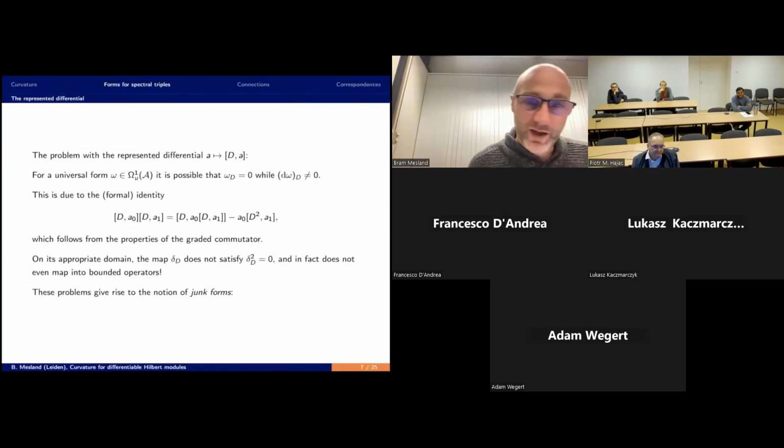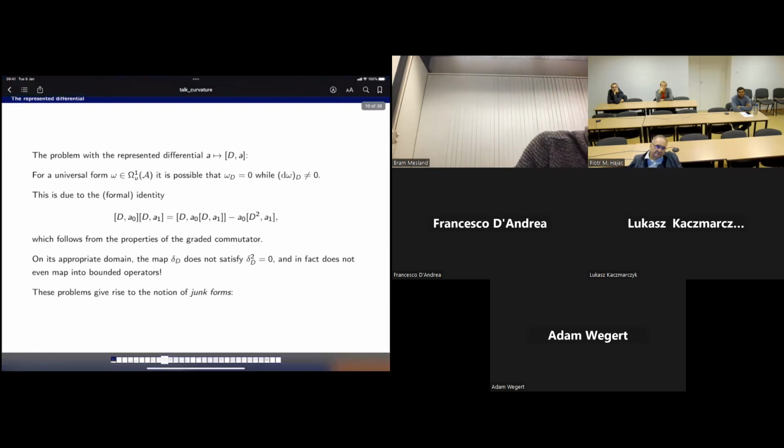Okay, so as I already indicated, there's a problem with this represented differential, a goes to dA, and the problem arises when you have a universal form. It could be that this universal form is in the kernel of the represented form map, while its differential is not. And this is due to the identity that is written here, which at the moment is just formal.